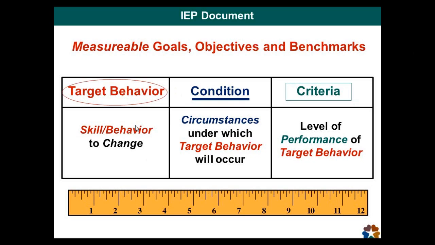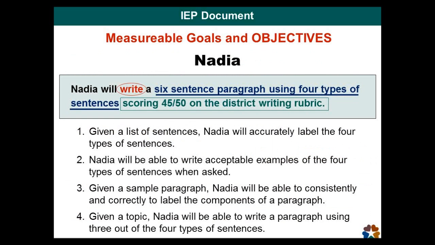And the target behavior is obviously the skill or behavior that we want to change. The condition is the circumstances under which the target behavior is going to occur. And then the criteria is just the level of performance, okay? How often or how will we know that the student has achieved this? Okay, and this will make more sense in the next slide, okay?